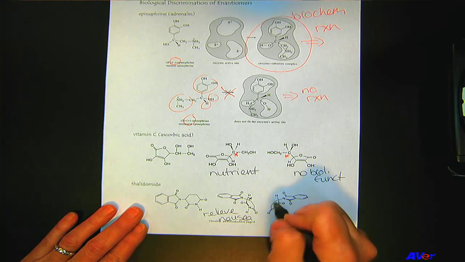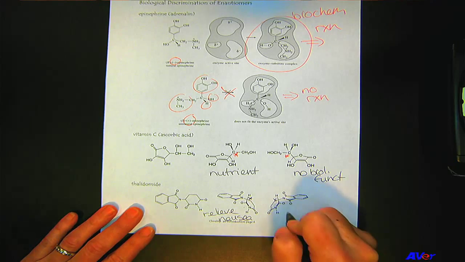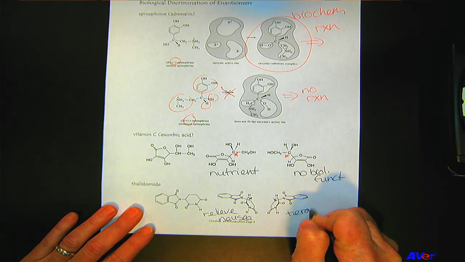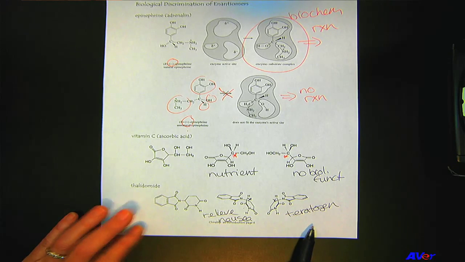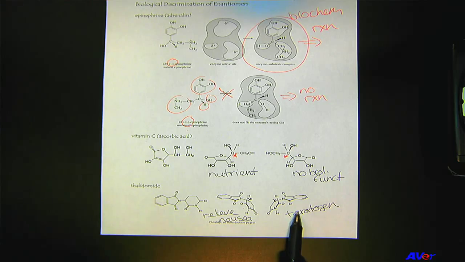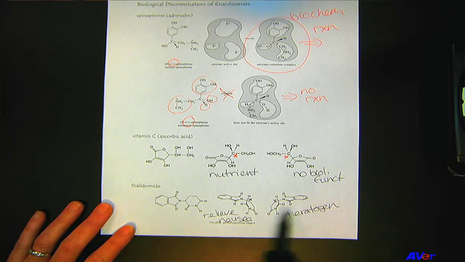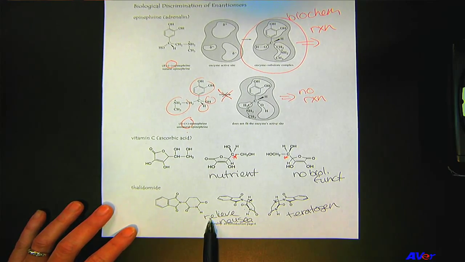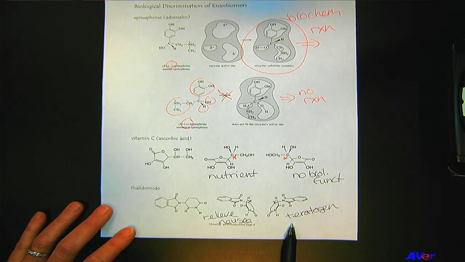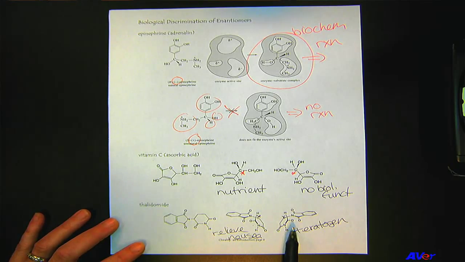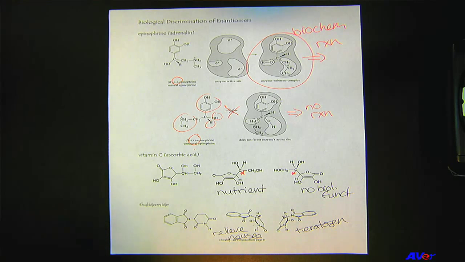But it turns out that the other form is a teratogen. And so the babies were born with flipper hands and feet from the effects of the other enantiomer. So being aware of chiral carbons is important, and knowing that some forms support our health and some cause disabilities or birth defects or other unpleasant things.